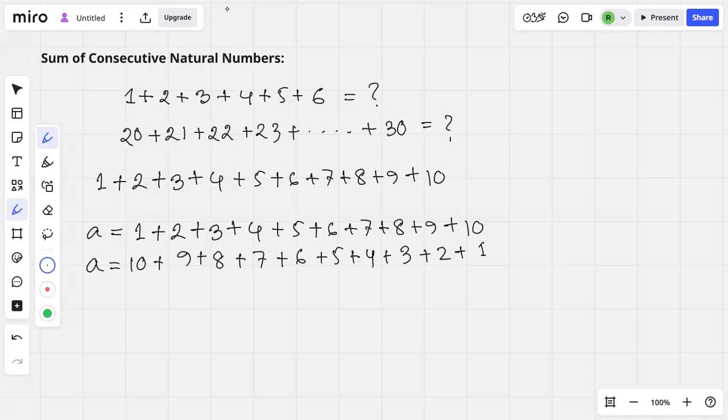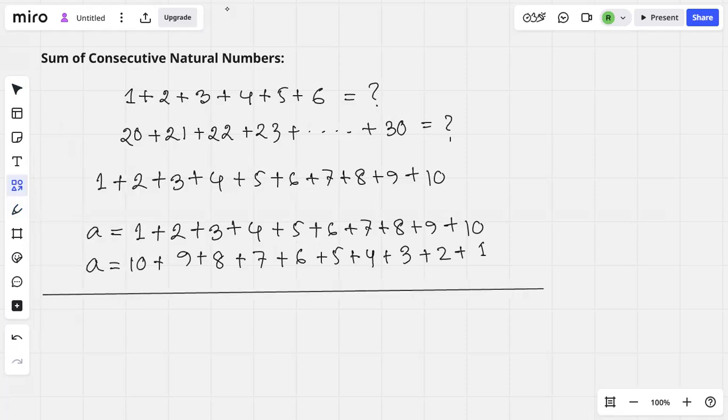Just as a proving technique we do so, and it gives us a very useful way to find the proof of this formula. So now we can build up one thing, and what is that? We have two equations: A equals 1 to 10 added, and A equals 10 to 1 added.